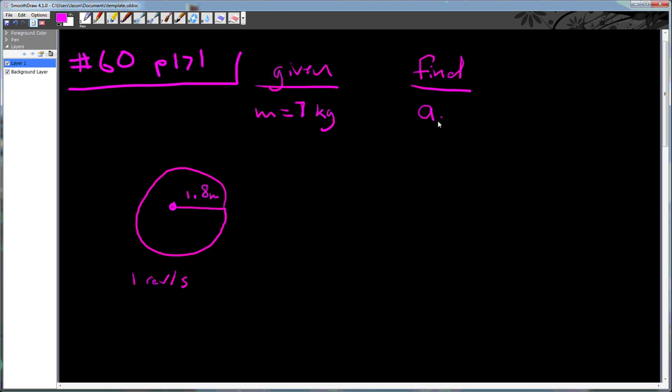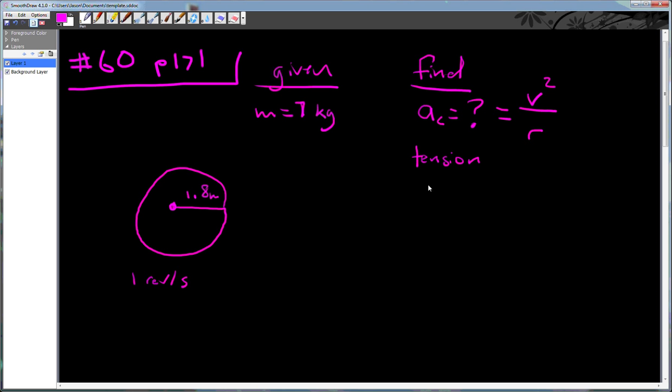So A sub C. And if we remember our formula there, that's equal to V squared over R. And we also want to know, it says the tension.